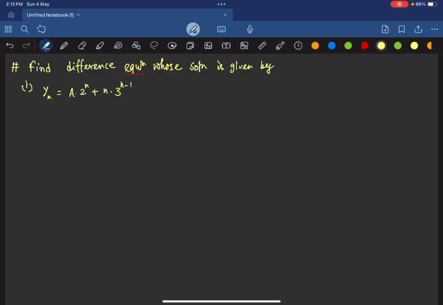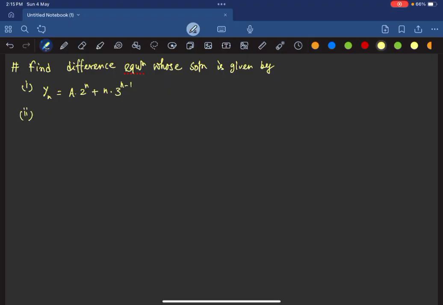So for that, first question, let me write: find the difference equation whose solution is given by y(n) equals a into 2 power n plus n into 3 power n minus 1.